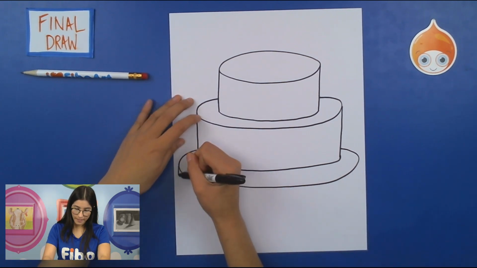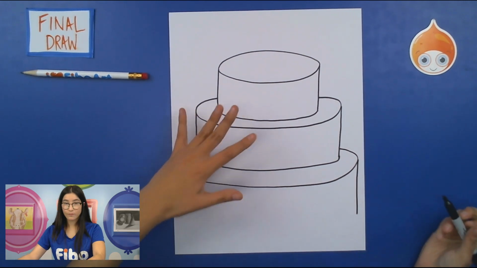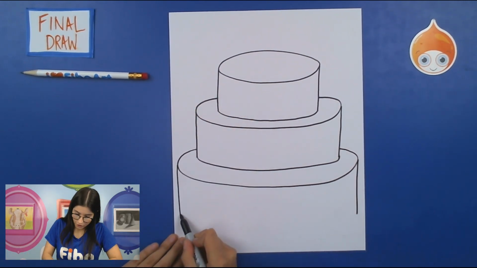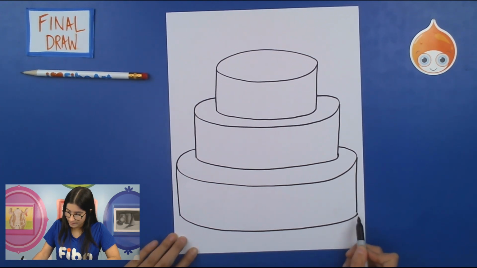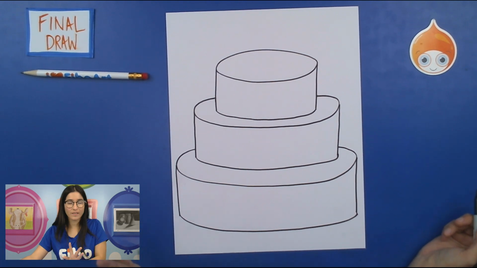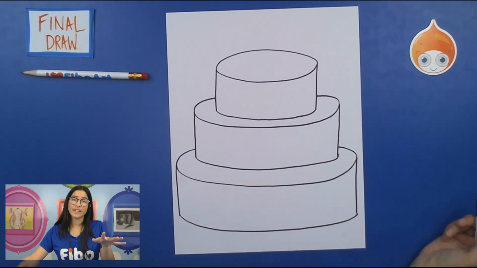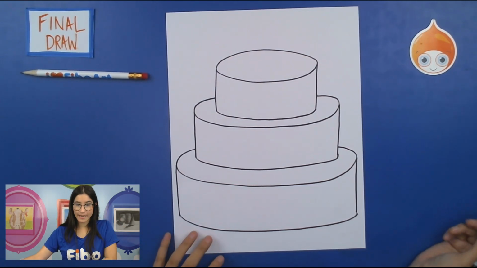And then draw the sides of the cake, however long you want. Go ahead and draw the bottom of your cake, finish that up. Okay, now it looks just like we did in our practice draw. Nothing really looks different right now, but I'll show you how you can change it to make it look like a slice of cake has been taken out so you can see what's inside.